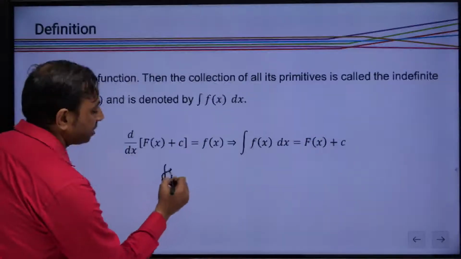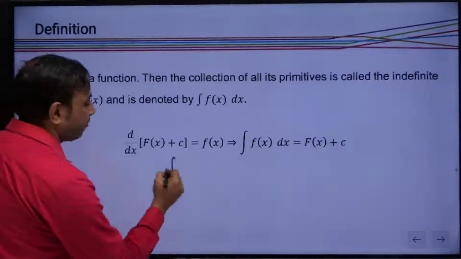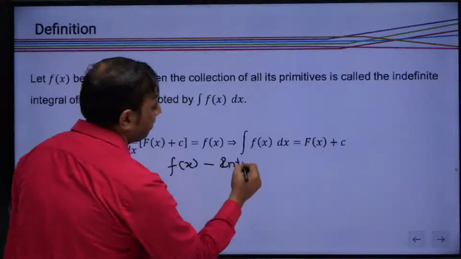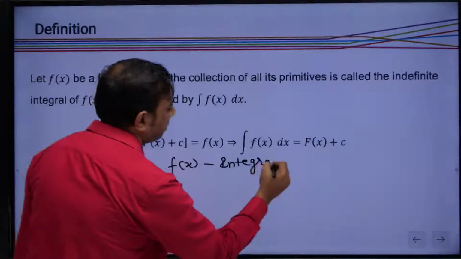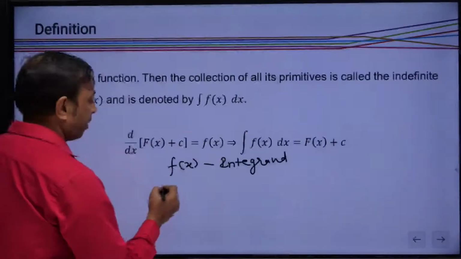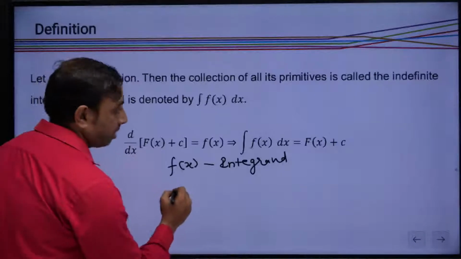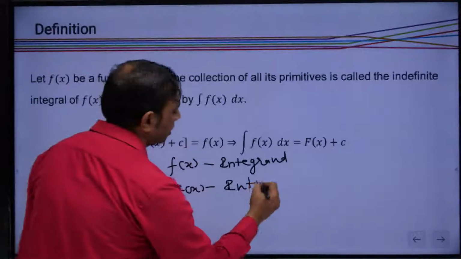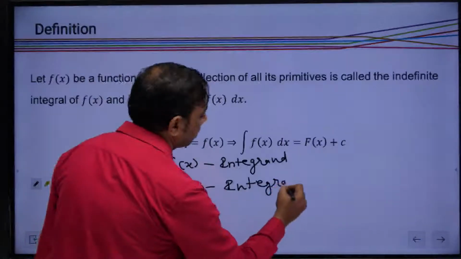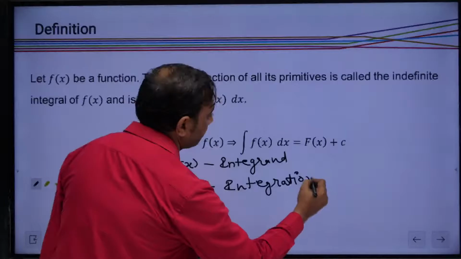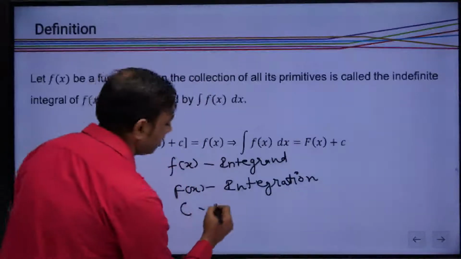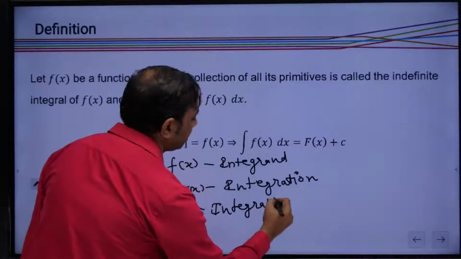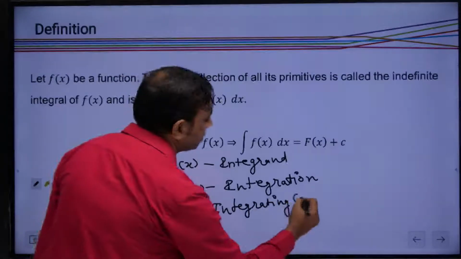Here fx is called the integrand, while capital Fx is called the integration, and c is called the integrating constant.